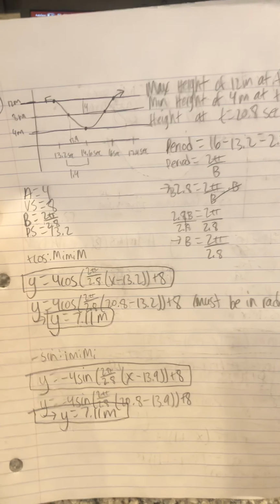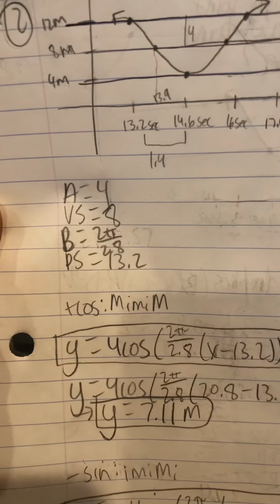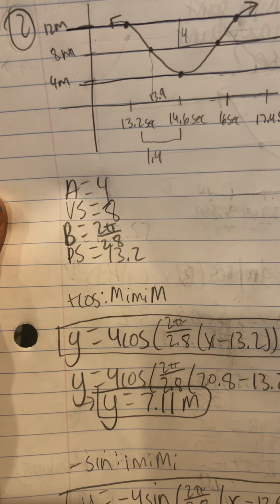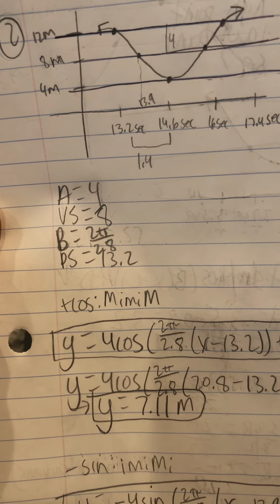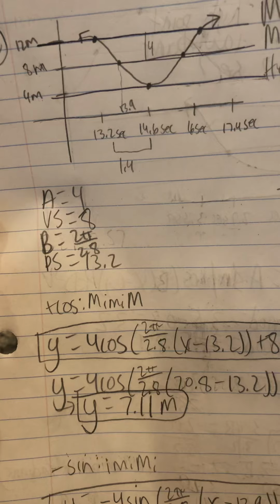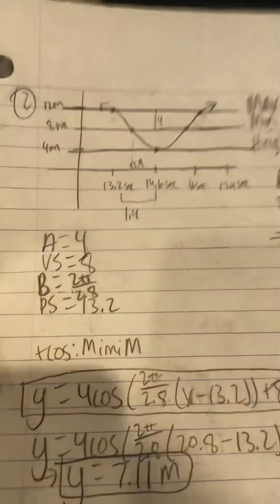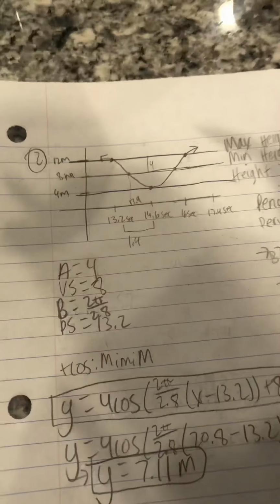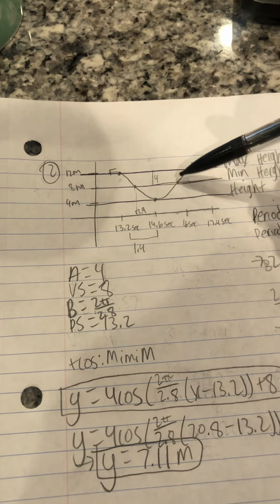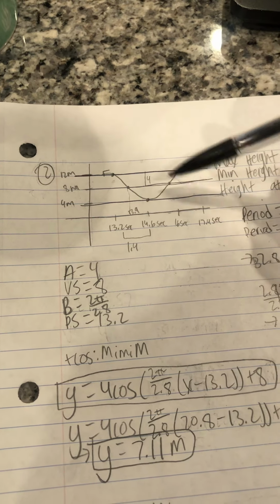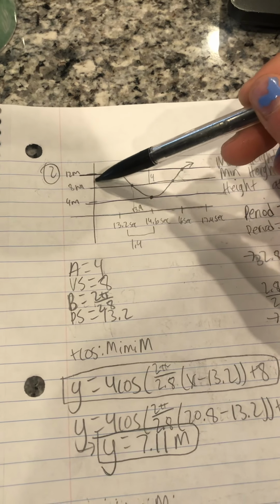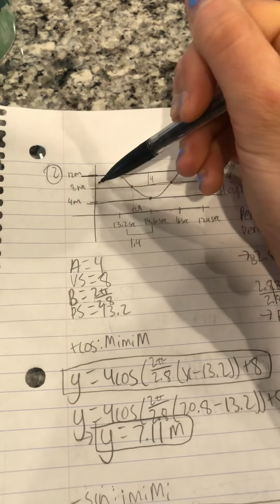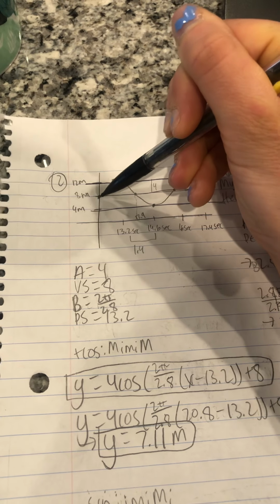So where did this 16 come from? If I'm jumping from intervals between 13.2 and 14.6, I'm adding 1.4 every time. So my period then, if you remember, you can take any 2 points that represent one full cycle. So I can go 16 here, and then this point is going to come back down right here, which is my intercept.